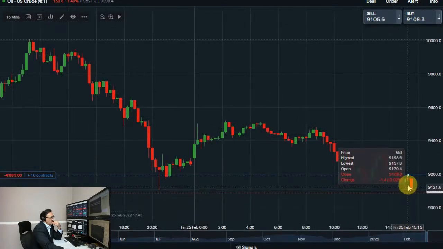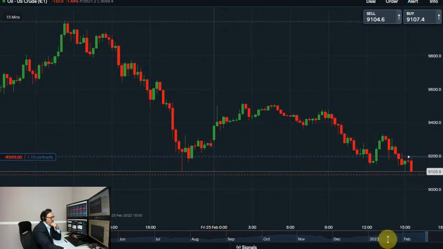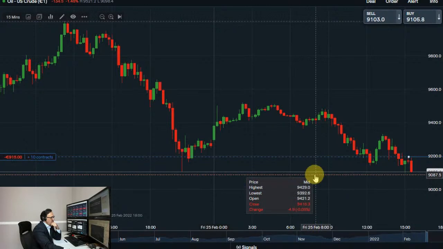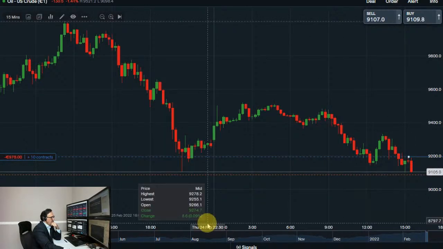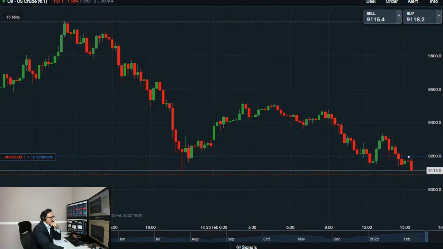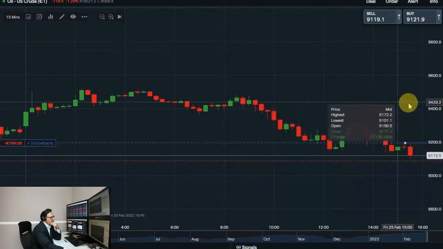I got in based on this little candle, a retest of the previous low. My stop is down here. While I was talking to you, I didn't do anything. I should maybe have got out of this trade sooner, but I think I'm going to get stopped out on this trade very, very soon.